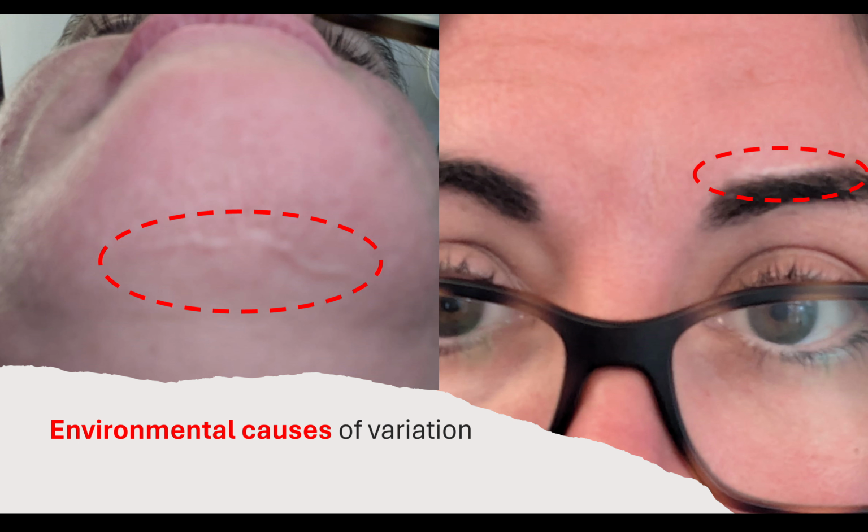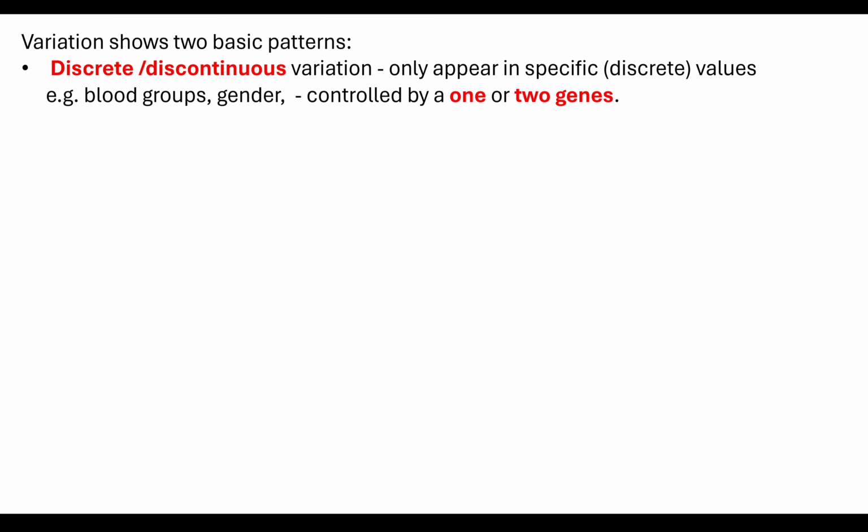The environment is going to have an effect on the variation that you see. So, it's important that we remember that environment and genetics impact it together with regards to the organism.